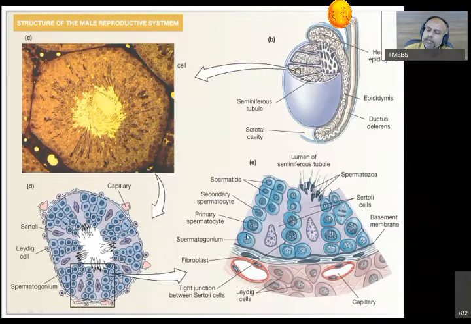When we take a cut section of a child's seminiferous tubule, you can see only this basal layer. The spermatogonium is a diploid germ cell, and we know the gametes are haploid in nature. N number of chromosomes are present, 23: 22 autosomes and one sex chromosome.